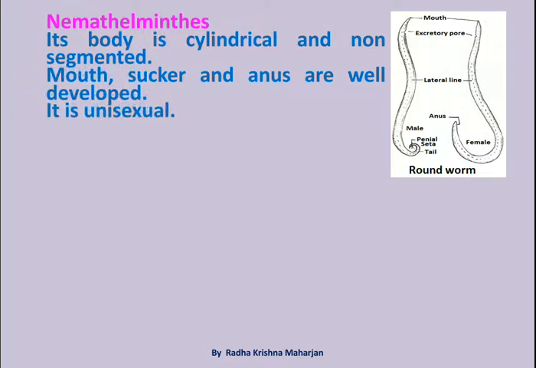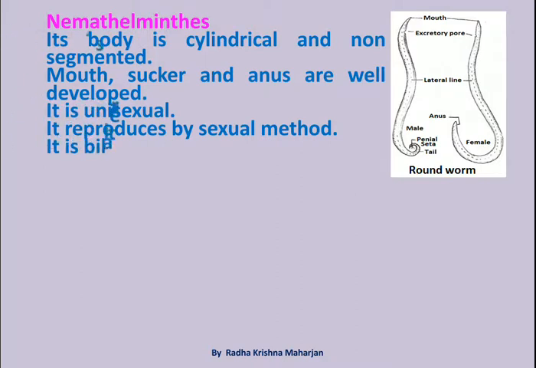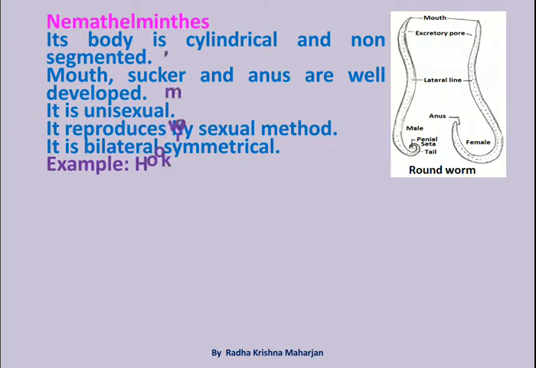It is unisexual. It reproduces by sexual method. It is bilateral symmetrical. Example: hookworm, roundworm.